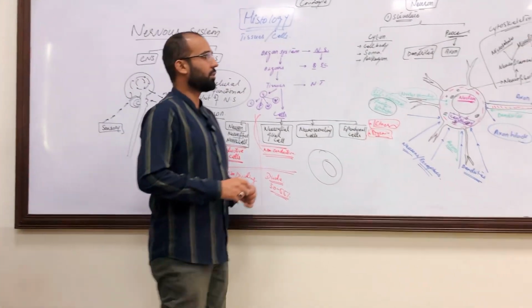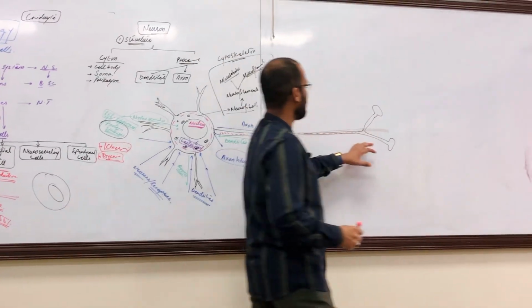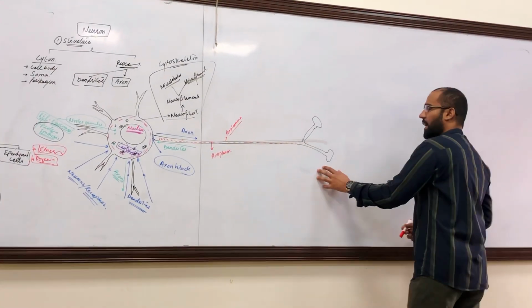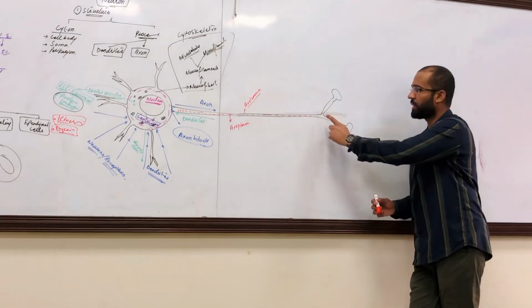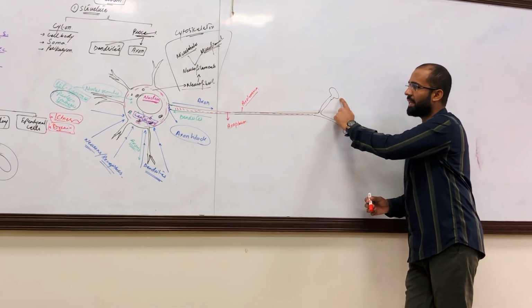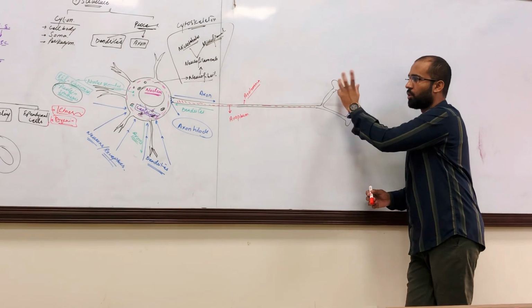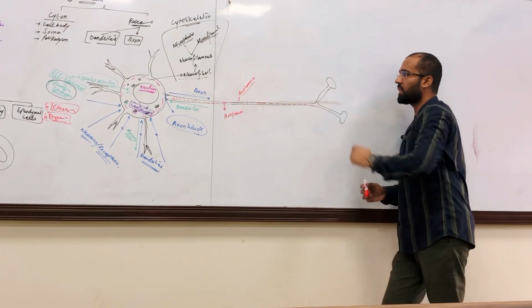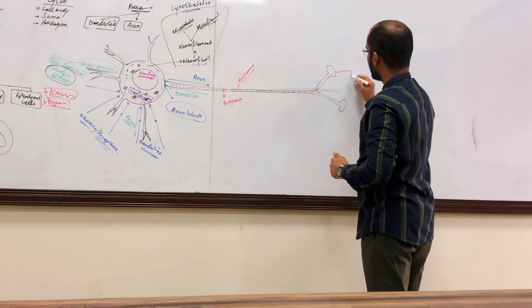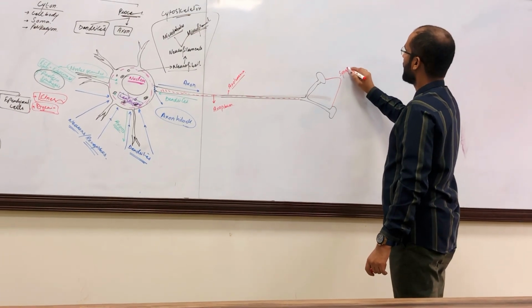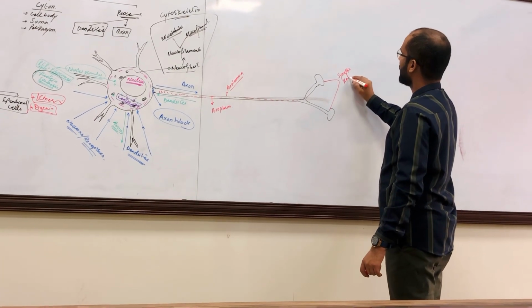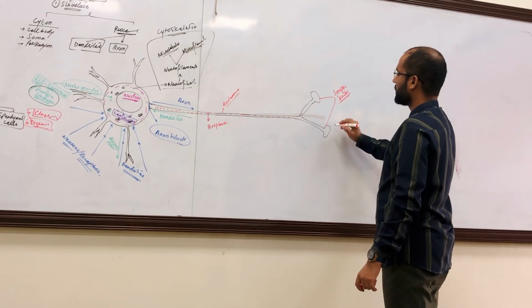Now the last portion, the terminal portion of the neuron. At the end, the axon divides into multiple branches and ends at terminal knob-like structures, and these knobs are known as synaptic knobs.